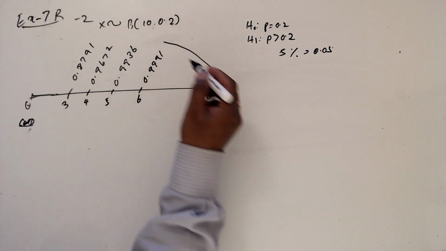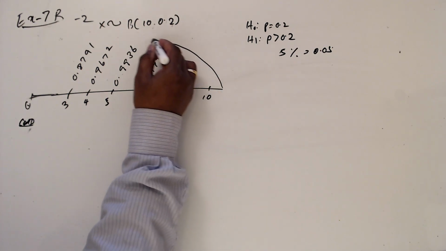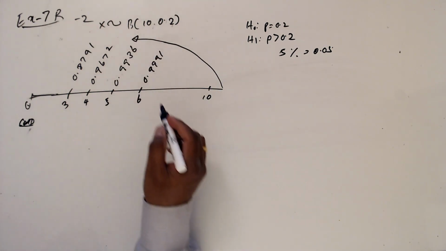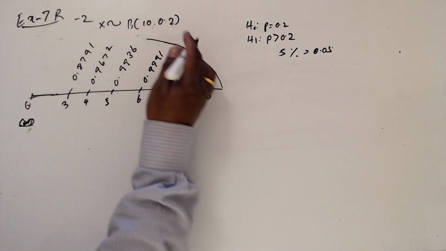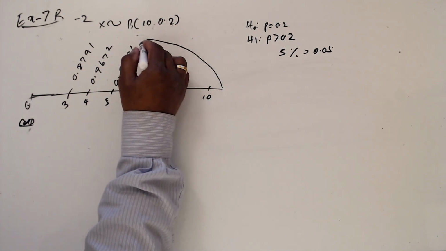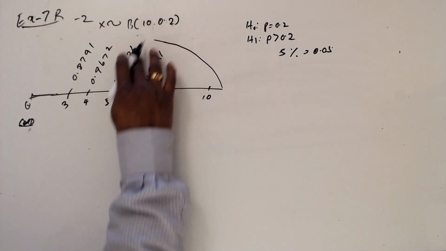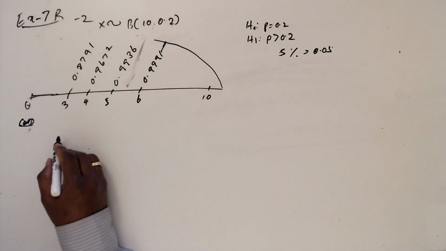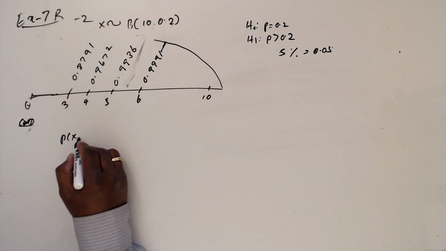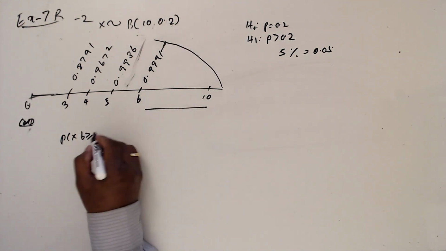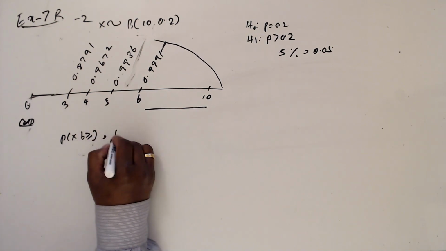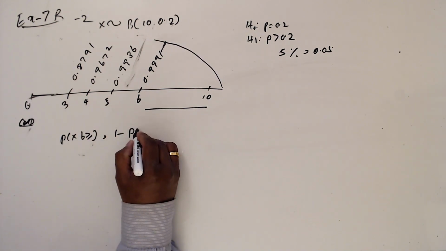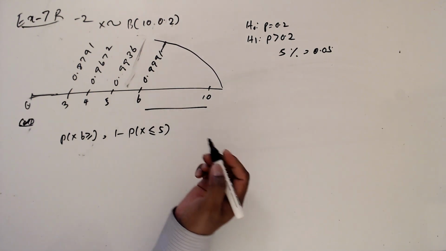We'll take the probability of getting 5 up to 6, up to this value. Probability of x greater than or equal to 6 is 1 minus probability of x less than or equal to 5.